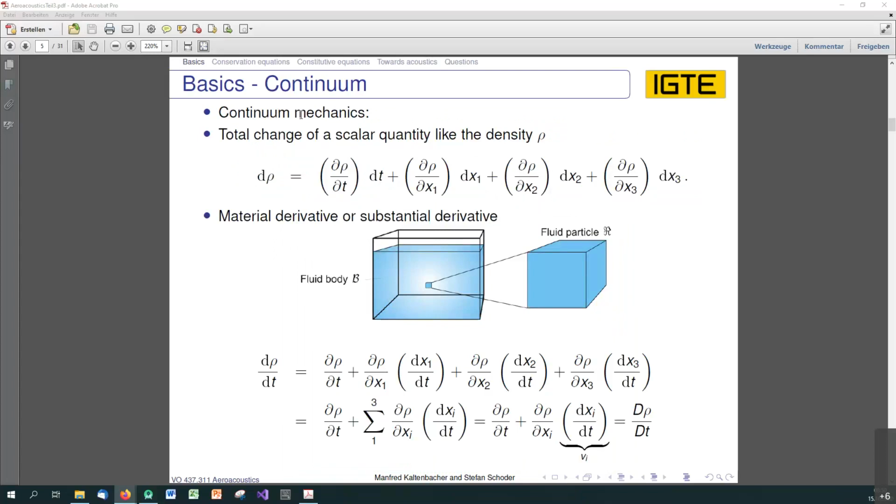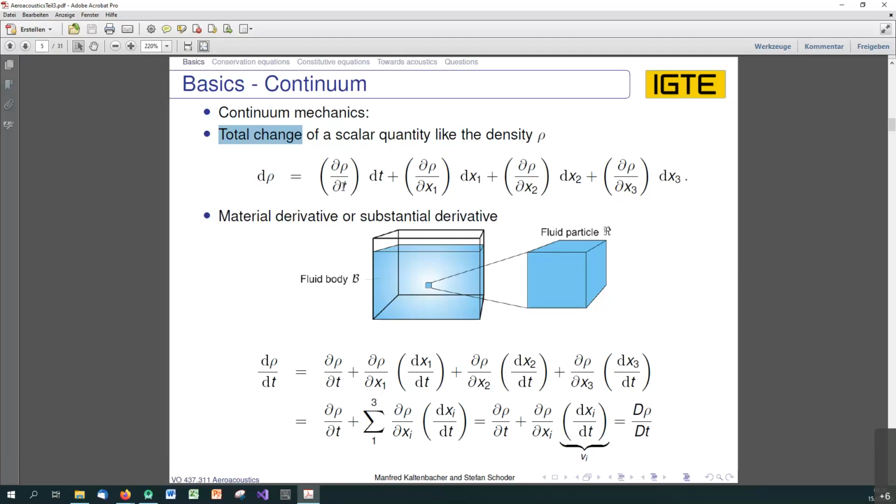In the context of continuum mechanics, we can define a total change of a scalar quantity, like the density here. All of you have already heard of the total derivative in math and how you can define it. The total derivative is the sum of partial derivatives with respect to the parameters.